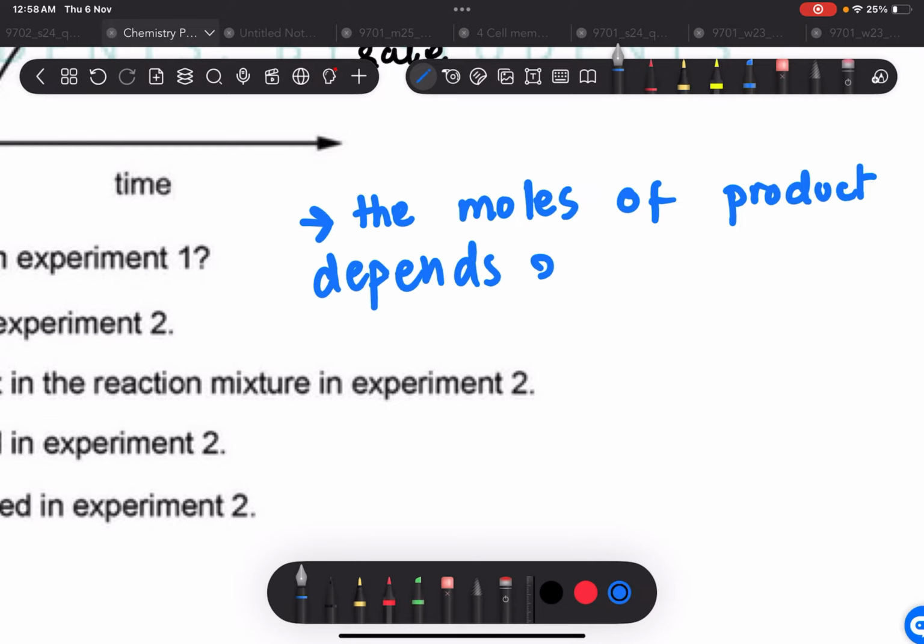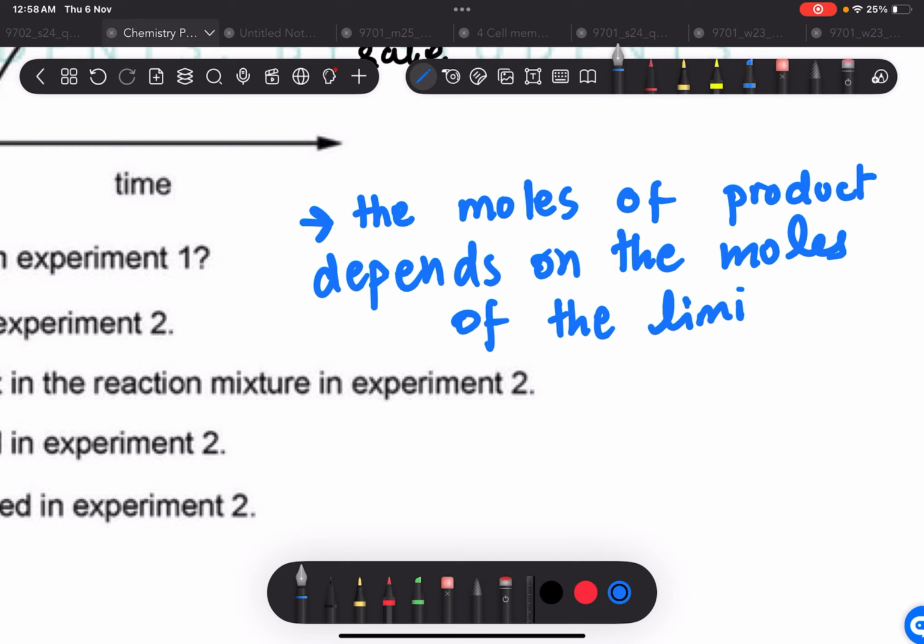If you increase the moles of the limiting reactant, the product increases. So product and limiting reactant, they have a good direct relation, but the excess and the product, they don't have any relation. So don't try to increase excess and say that your products can increase.